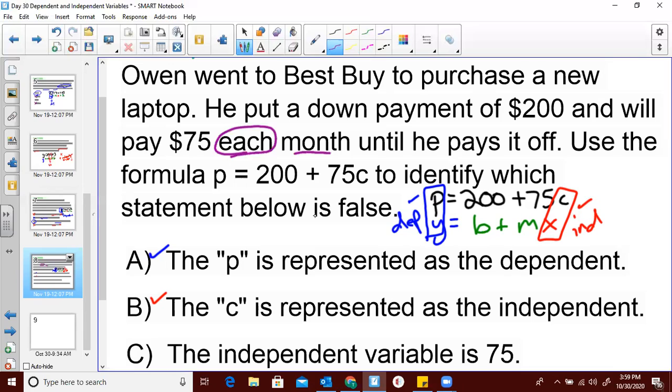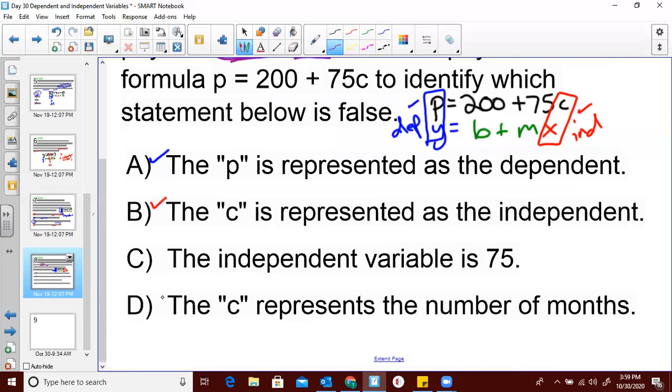Now they don't tell you that C equals months, but you know that 75 is going to be multiplied by a variable that equals months. So C does in fact equal months. So this is good. And what really should have just given this all away to you was that the variable is being represented by a number, and that's a big no-no. So C is in fact false.